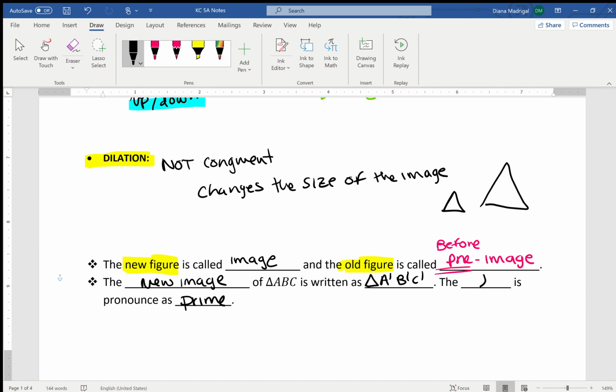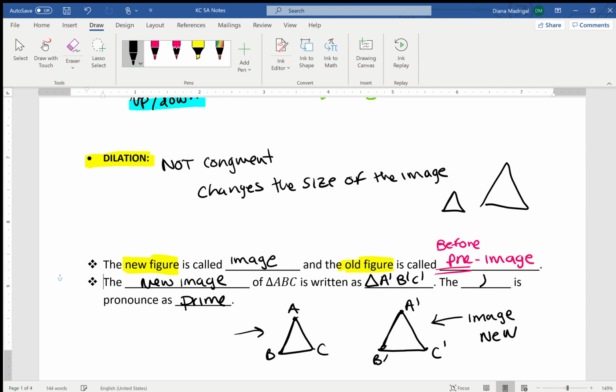That's how I'm going to figure out which one is the pre-image and which one is the new image. If I have a triangle, again, I label my points. I have my second triangle, again, I label my points. You're going to be able to tell right away that this is your image, the new one, and this is your old figure, the pre-image.